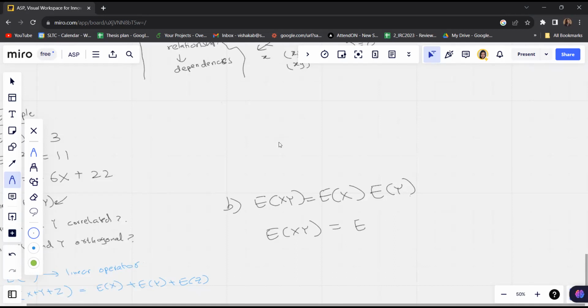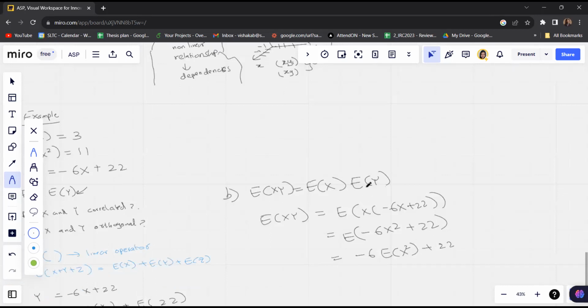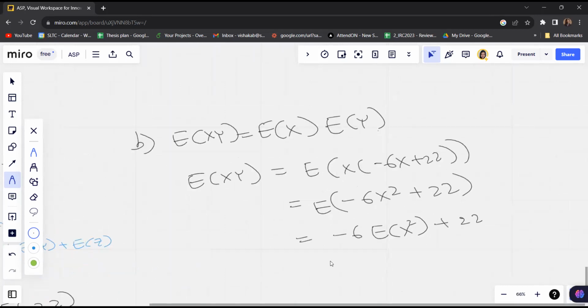So for this case, we can denote XY as X into Y, which you can denote as X times minus 6X plus 22. So by solving this, you can say that this is equal to minus 6X squared plus 22. And then by taking the constants out, you get minus 6 E[X squared] plus 22.